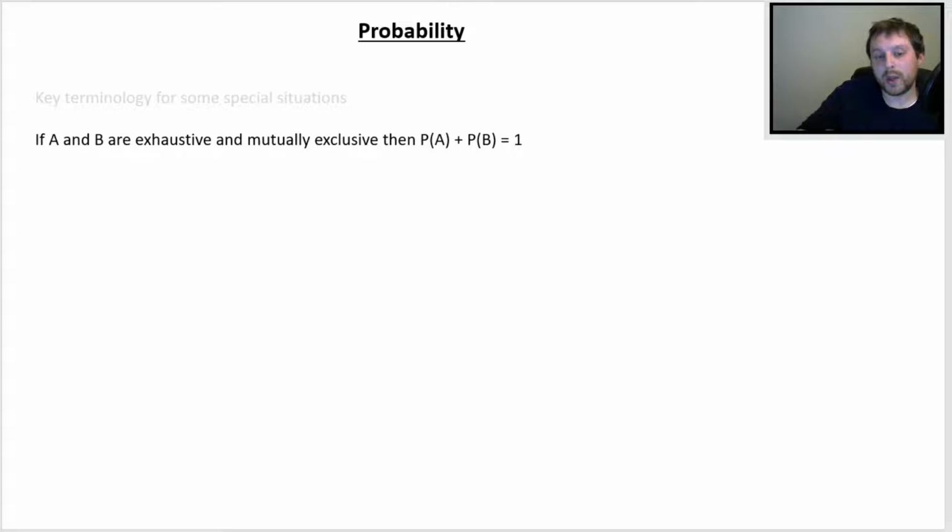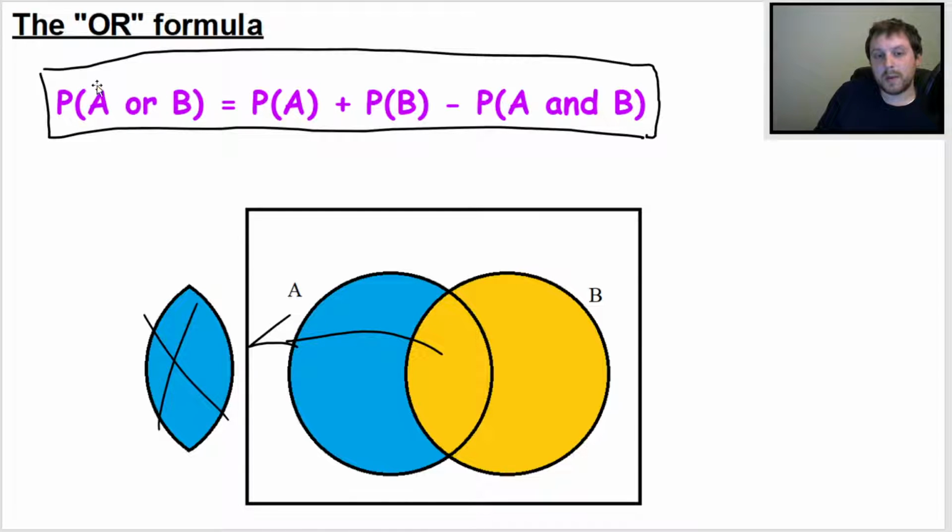If we are both exhaustive and mutually exclusive, then first of all, this probability of A or B, since we're exhaustive, would equal 1, because the probability of A or B equals 1 if we are exhaustive. And also, because we're mutually exclusive, this bit would be 0.